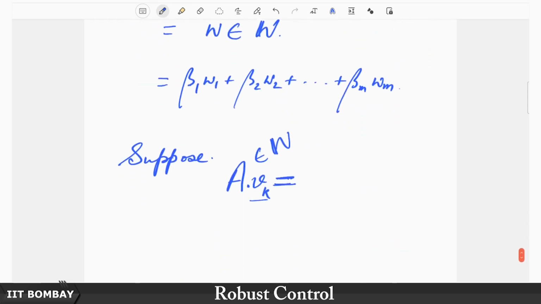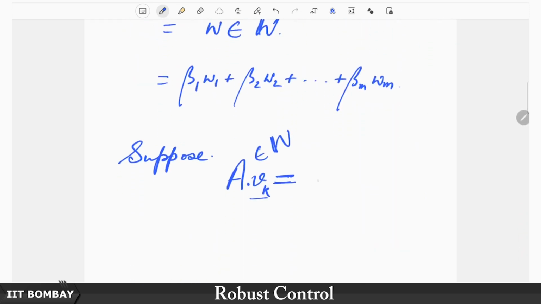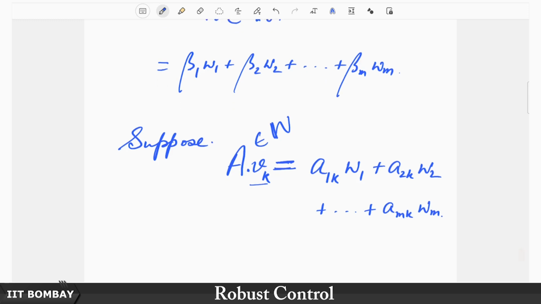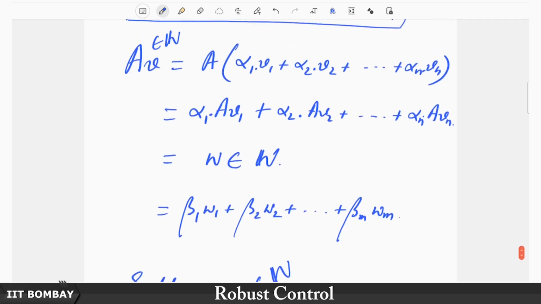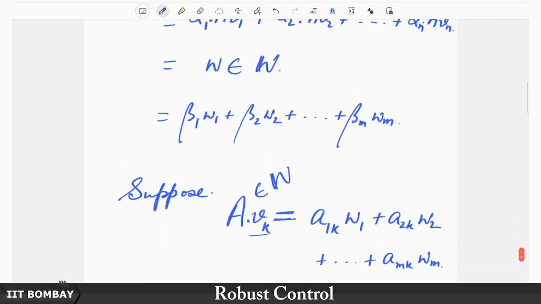Suppose that representation is given by A1k W1 plus A2k W2 plus dot dot dot till Amk Wm, because there are only m elements in the basis set for the vector space W. So this I know to be true. Now, what can I write this as?